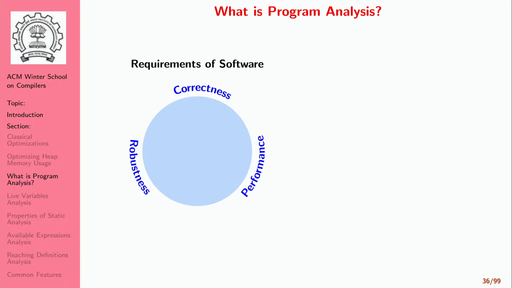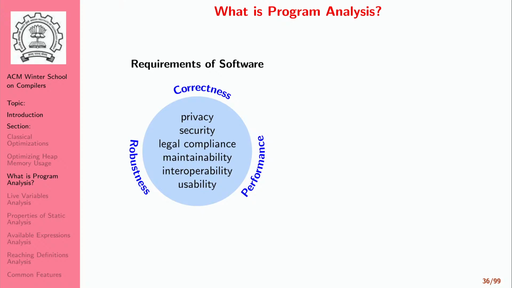Okay, so let's step back a bit. When we talk about software development, the three fundamental requirements of software are correctness, robustness, and performance. There are many other requirements. For example, compliance to legal rules, security, privacy, maintainability, interoperability, usability.